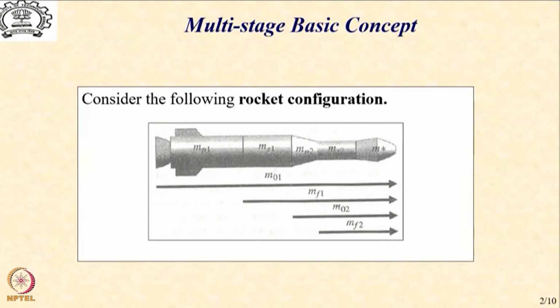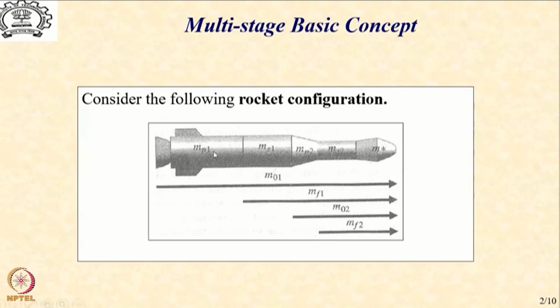In this picture, you note that the complete rocket has been divided into segments with the subscript 1 and 2, called the stages, and a final payload module given a subscript M star.